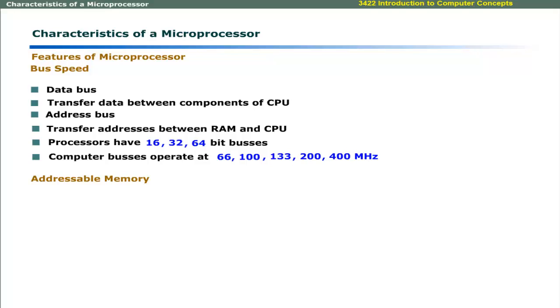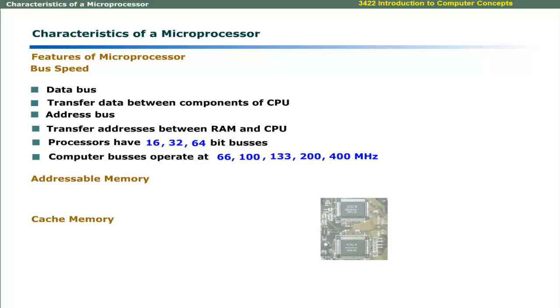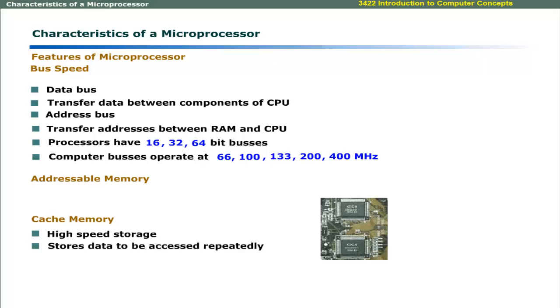Modern microprocessors contain high-speed storage called cache memory. Cache stores the data and instructions that are accessed by the processor repeatedly. Microprocessors have support for Level 1, Level 2 and now Level 3 cache memories.